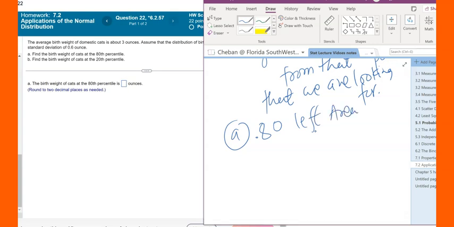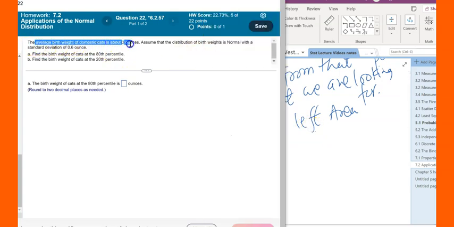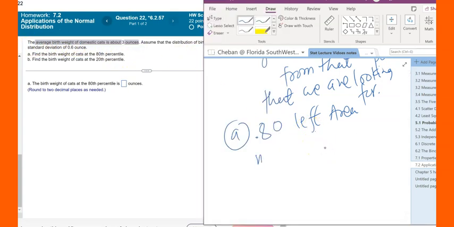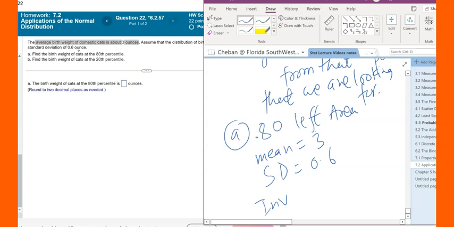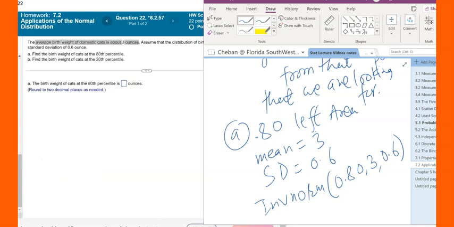Okay, and here the mean is the average birth weight, 3 ounces, therefore mean is 3 ounces, and the standard deviation is 0.6 ounces. And you're looking for inv norm, left area 0.80, comma mean, comma standard deviation. Let's put that in the calculator.